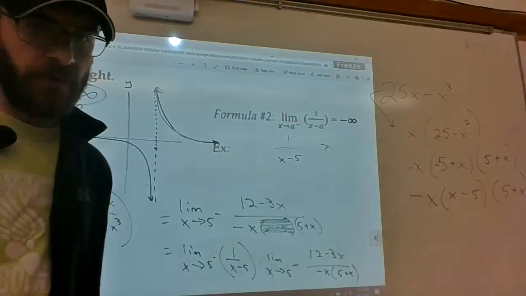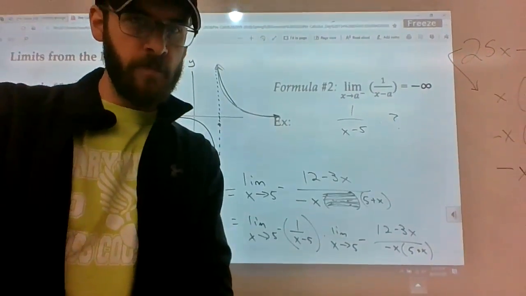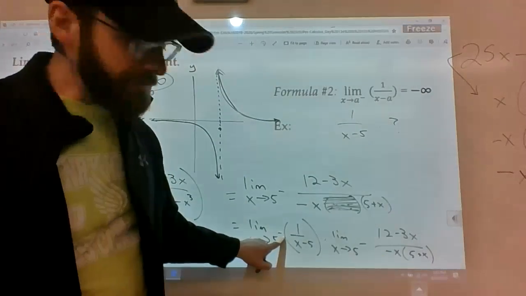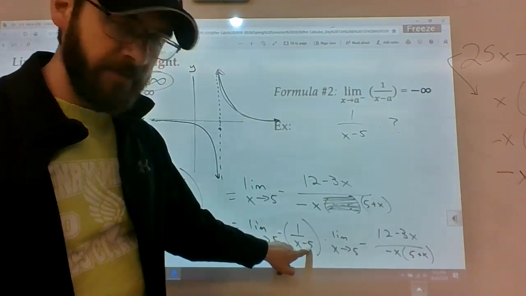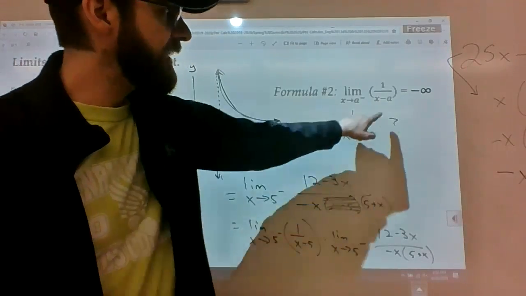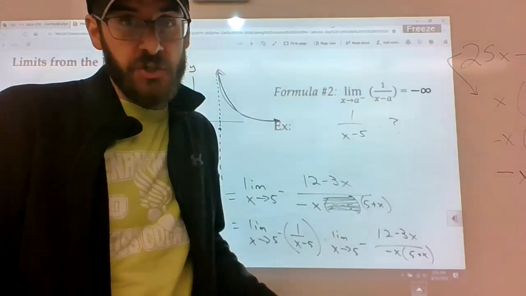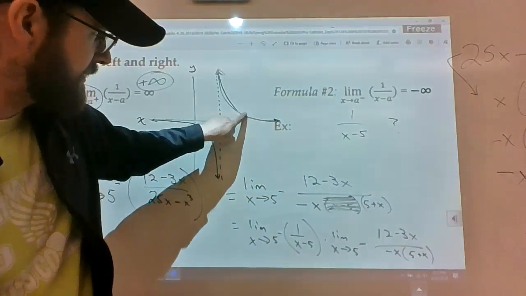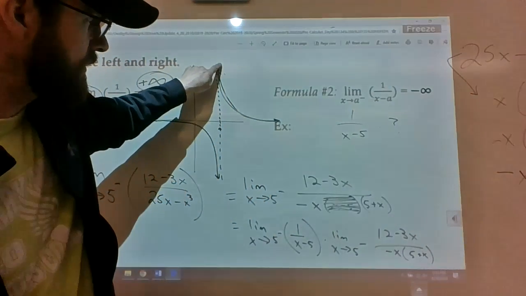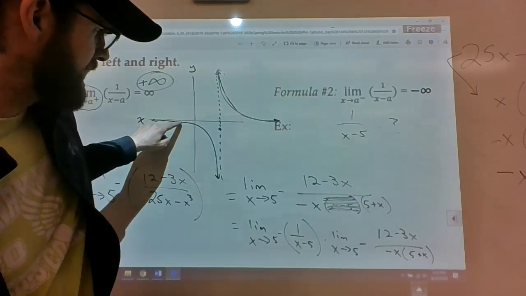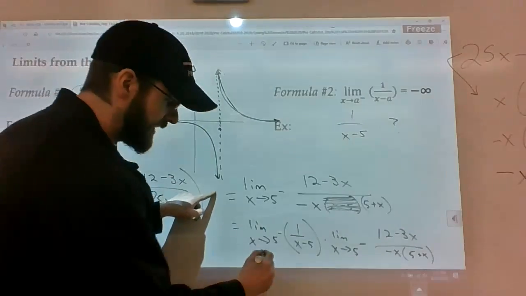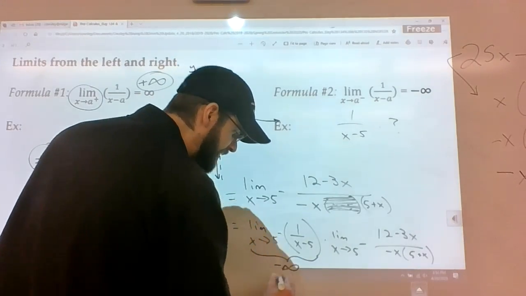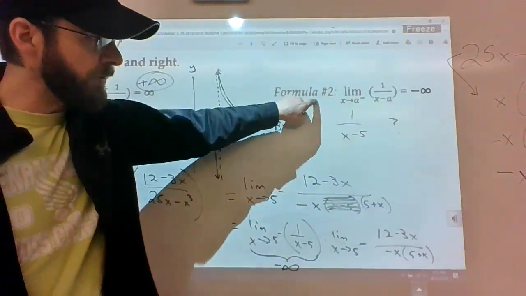And here's what that does for us. If you're approaching from the left of 1 over the asymptote, it's going to be negative infinity. That's just what the rule of the formula gives us, because from the left it's going to negative infinity. So this right here is negative infinity from formula number 2.